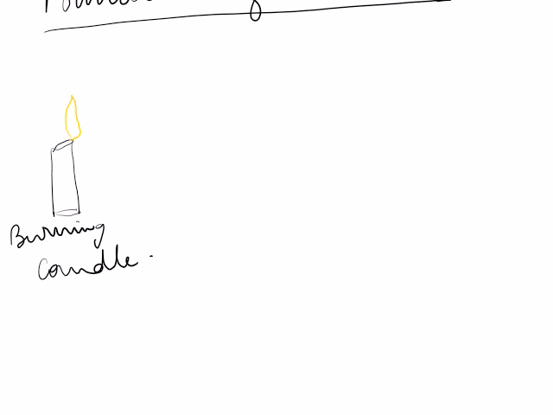An object which does not allow light to pass through it. So suppose we keep an object AB in front of the burning candle.